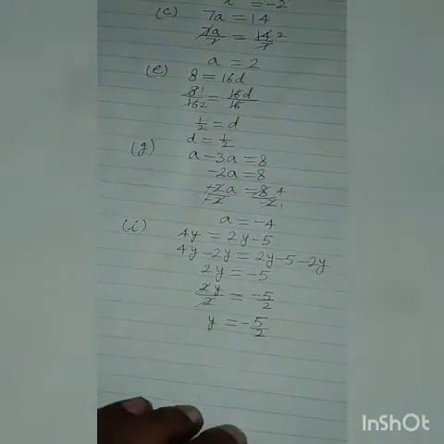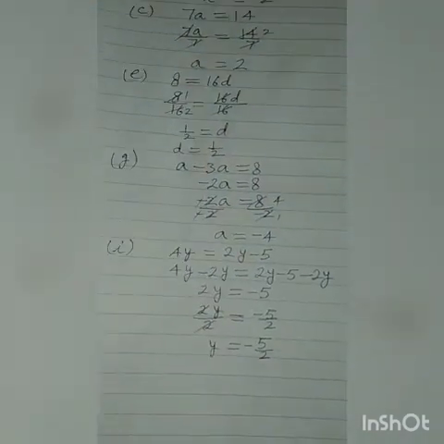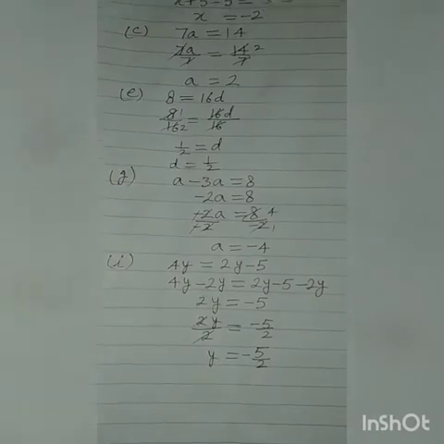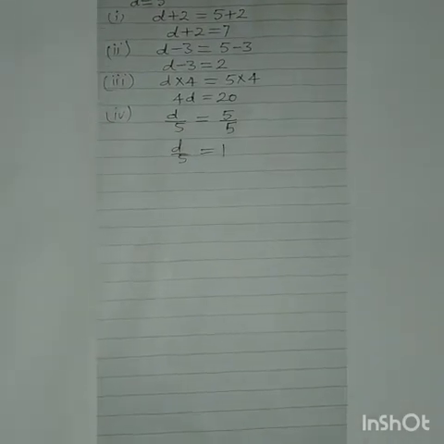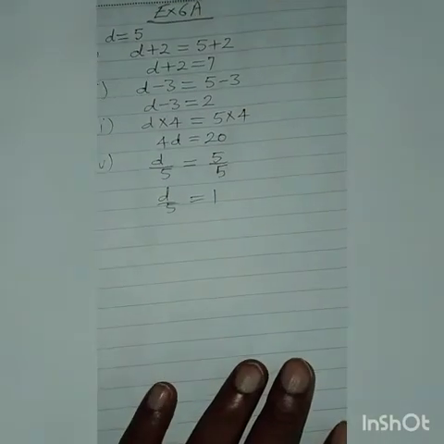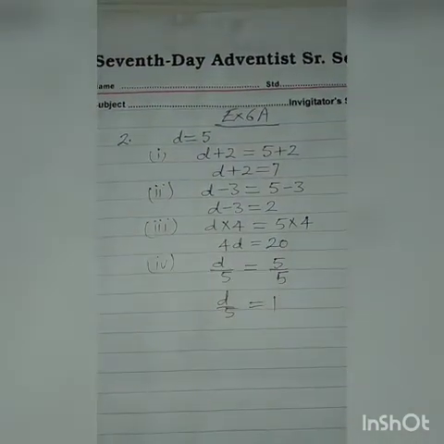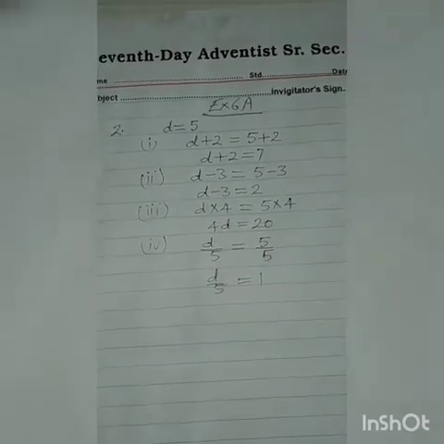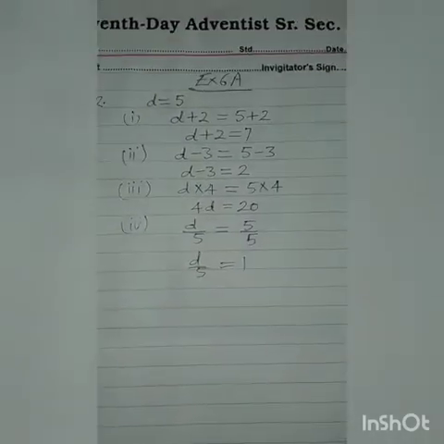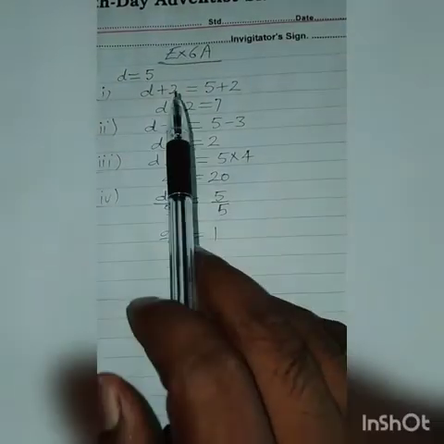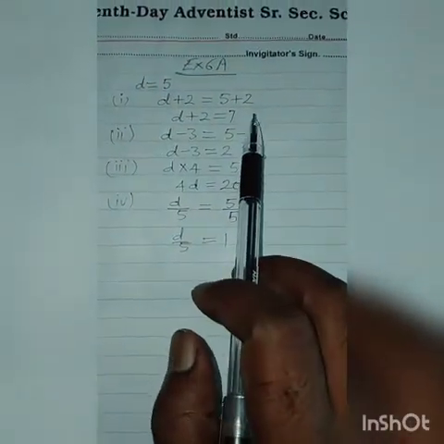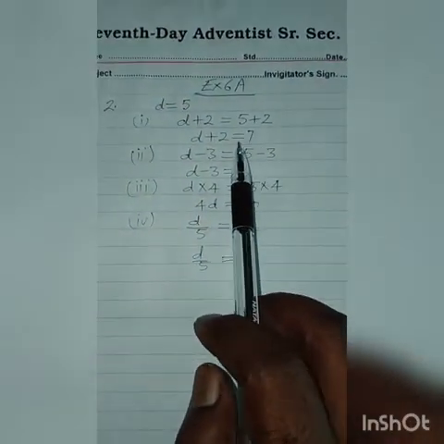Now look at the second question. We have to make 4 equations having the solution d equal to 5. So by adding, subtracting, dividing, multiplying anything on both sides, we can get the equations.